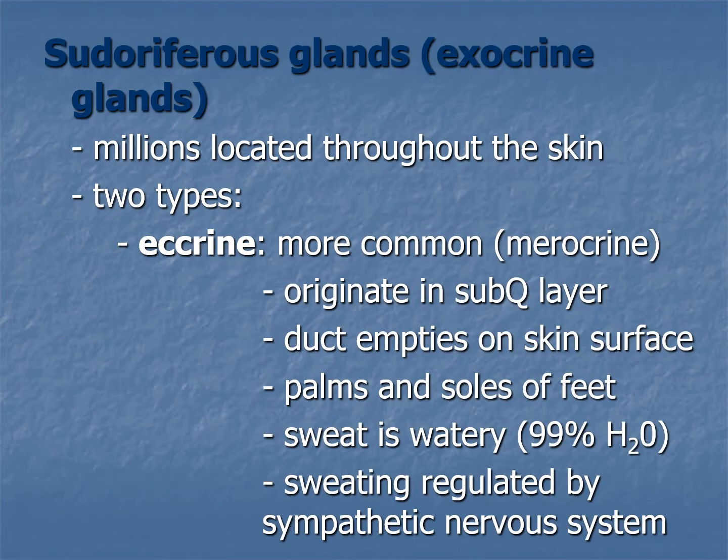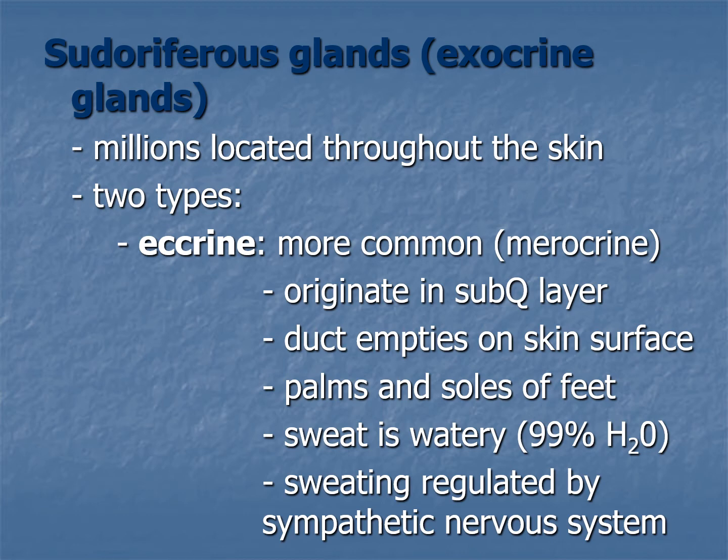Sudoriferous glands are exocrine glands because secretions are deposited over the skin. There are two types of them: eccrine and apocrine. Eccrine glands are involved in sweat production.